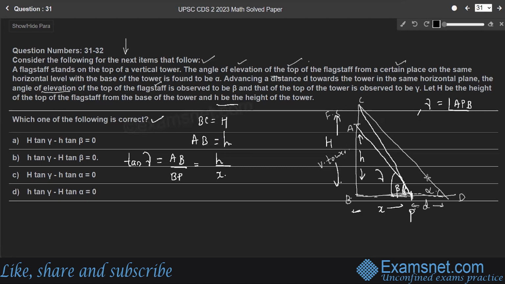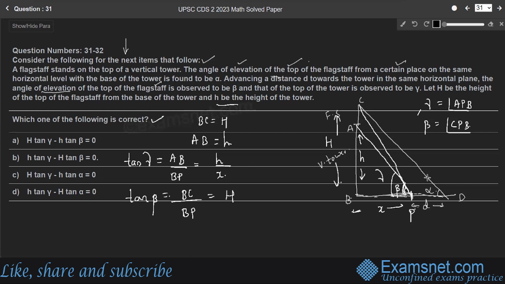Now we'll consider tan beta. What is the angle beta? The whole angle CPB. So tan beta is opposite side to beta, BC, and adjacent side BP.